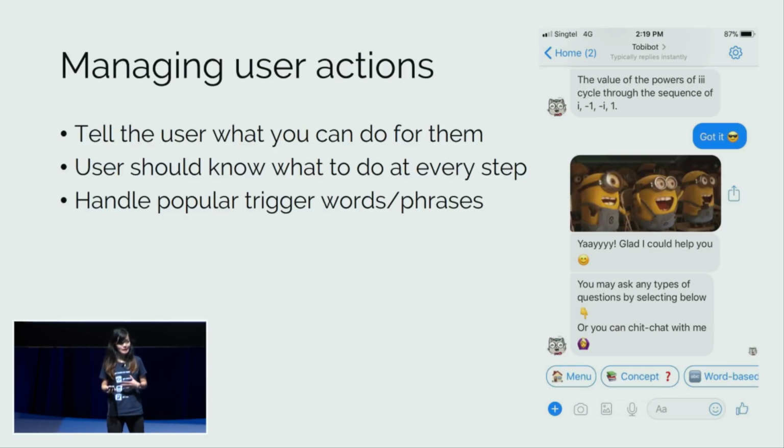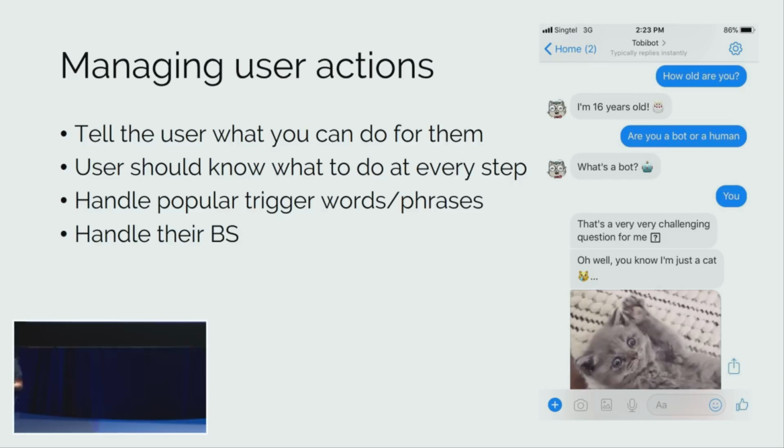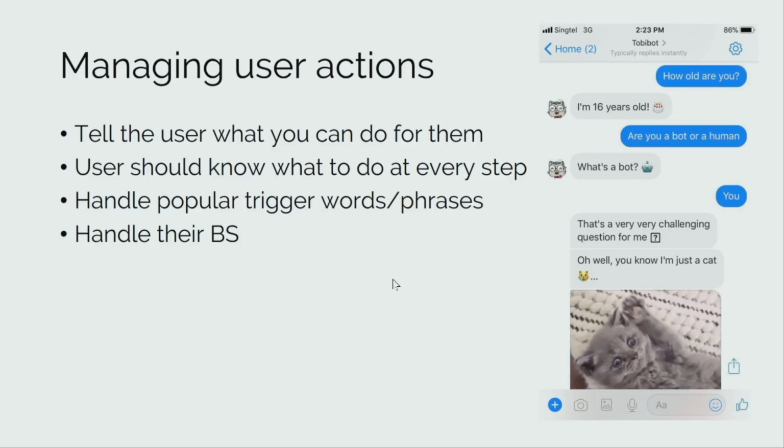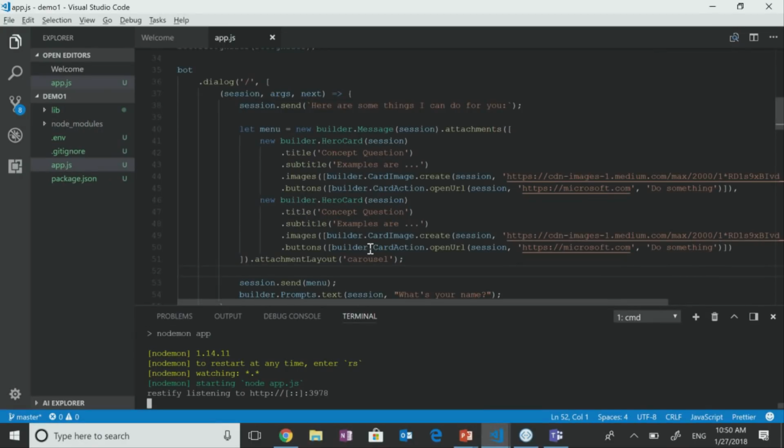So for example, help me, I'm lost, I'm stuck, what do I do? Exit, quit. And lastly, you have to be able to handle their BS, because for some reason, users love talking a lot of crap to your bot, so you should be able to handle some of these for a good experience. Okay, so I'm just going to quickly demo how to do some of this in the bot framework.